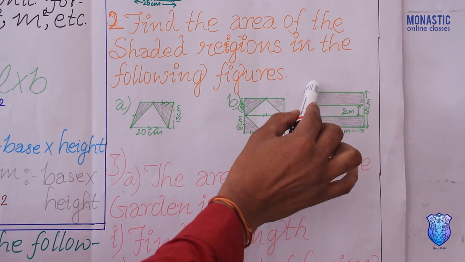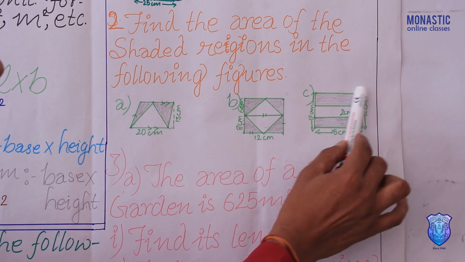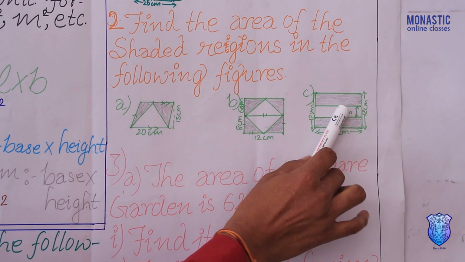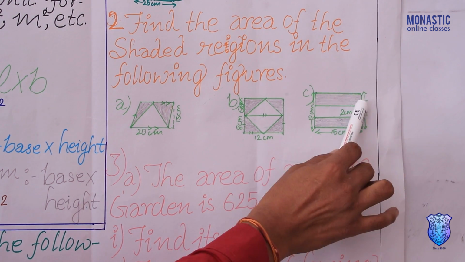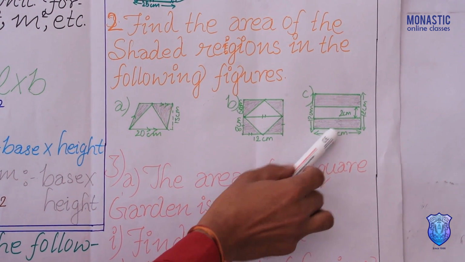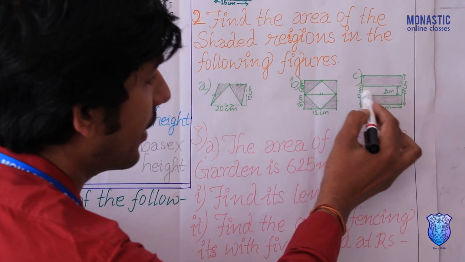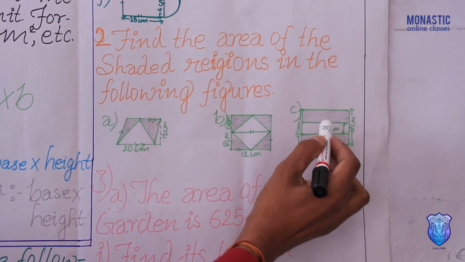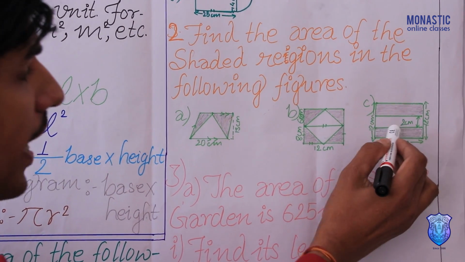Number 3, first find the area of this whole part. This is a rectangle. That's why first find the area of the rectangle. Then see this figure. This is also a rectangle.